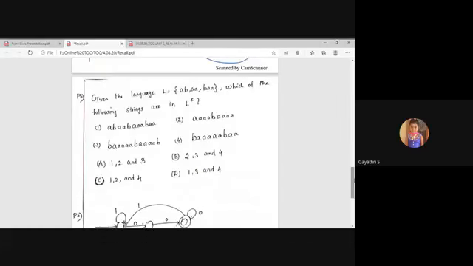The next one is also a key question. Given the language L, which is a finite language of three strings, AB, AA, BAA, which of the following strings come into the L closure? A part, B part, C part, or D part.